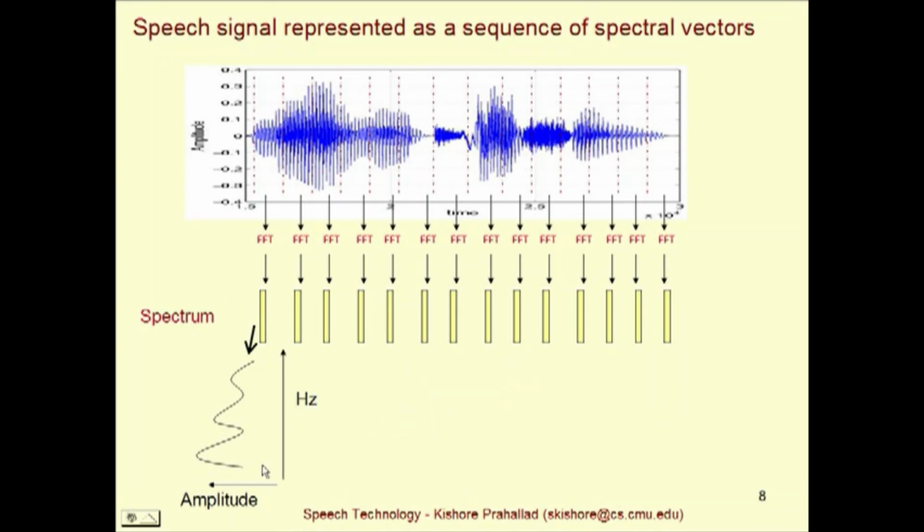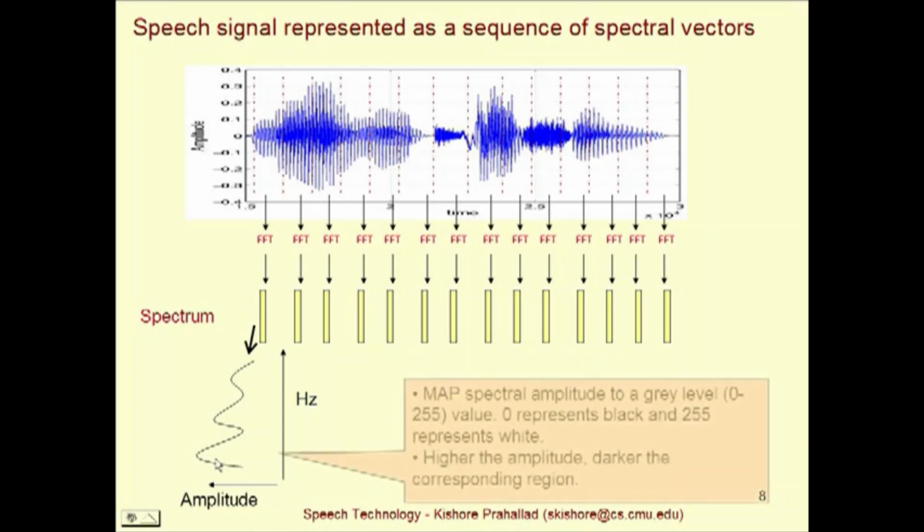Take each of these spectral values or spectral amplitudes and map them to a gray level value ranging between 0 and 255. 0 represents black and 255 represents white. So if the amplitude is higher, the darker would be the corresponding region.